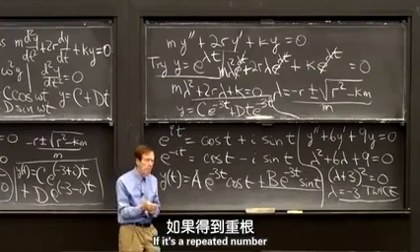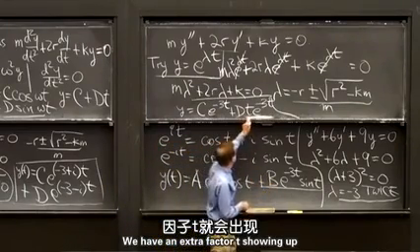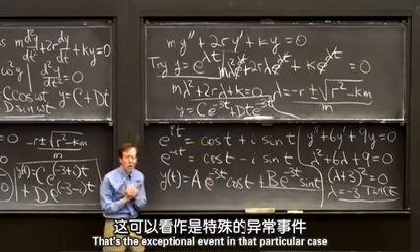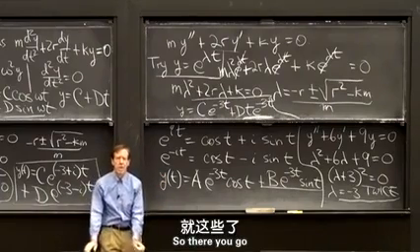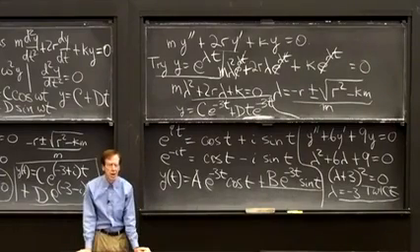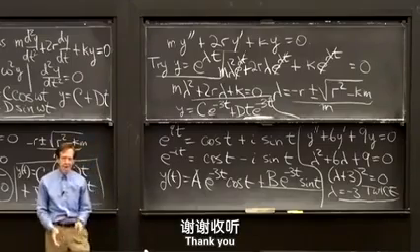If it's a repeated number, we have an extra factor t showing up. That's the exceptional event in that particular case. So there you go. Differential equations with constant coefficients we can handle. You can handle. Thank you.